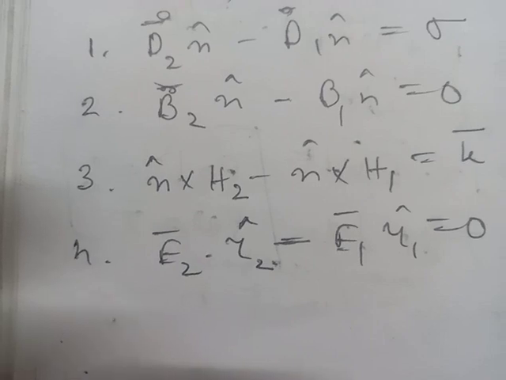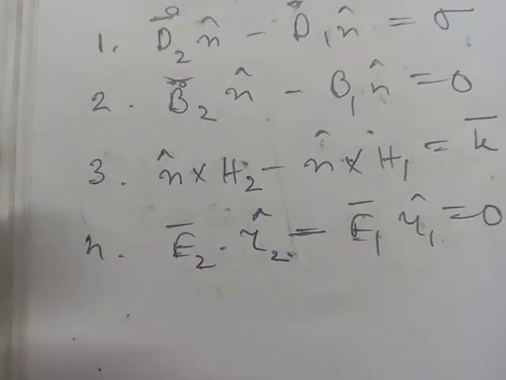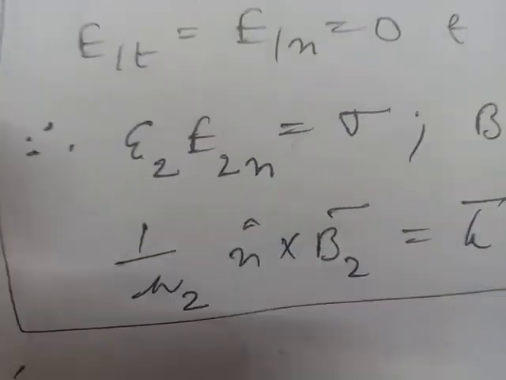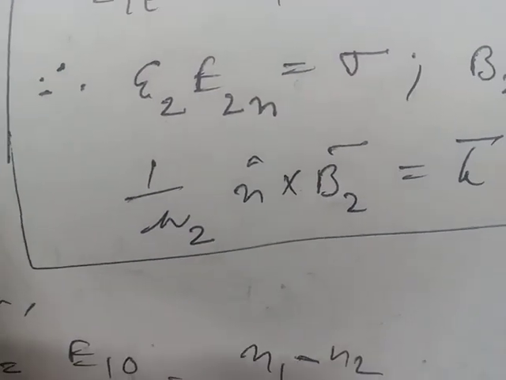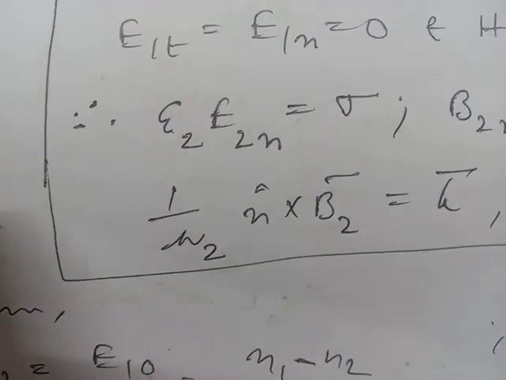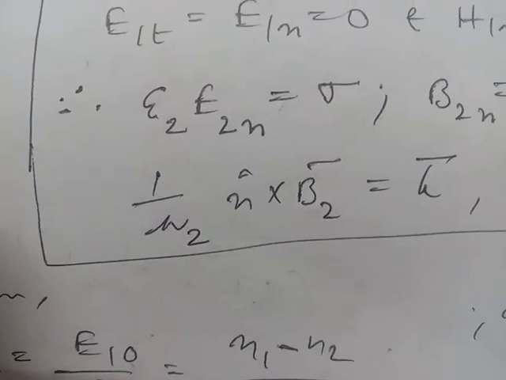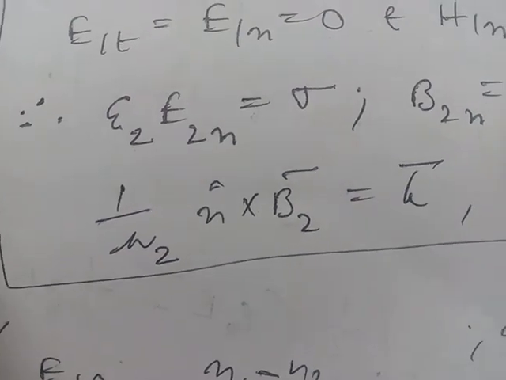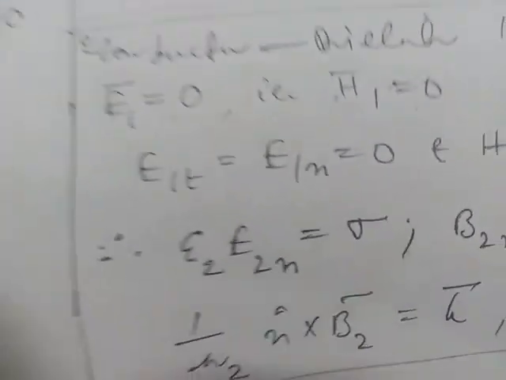And in the second case, if you consider n cap cross H2 minus n cap cross H1, then H1 will be 0, so n cross B over mu 2, that is the tangential component of the magnetic field, will be like the current density. So that was the overall thing.